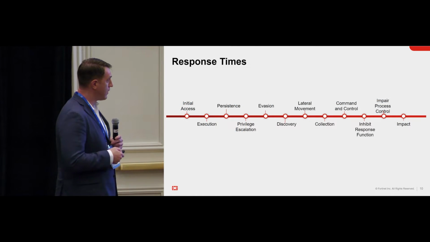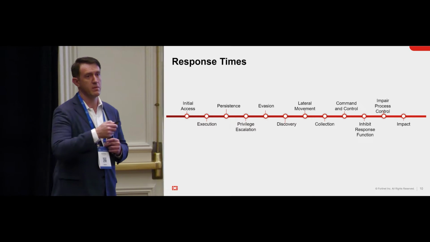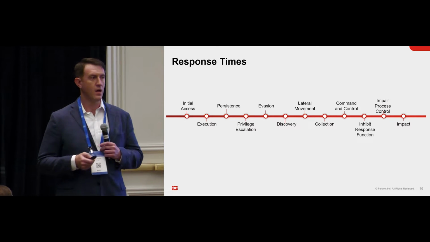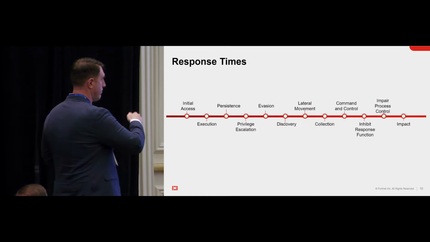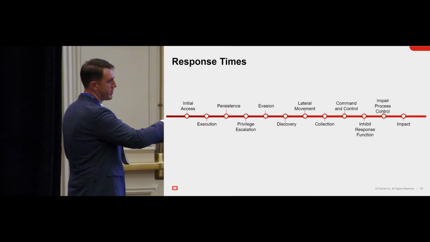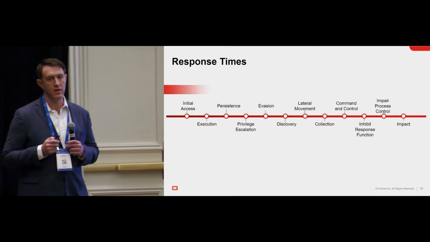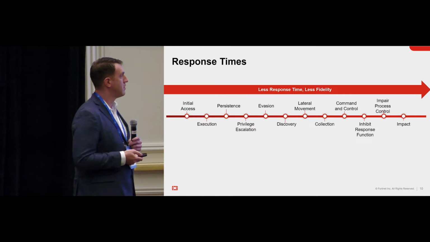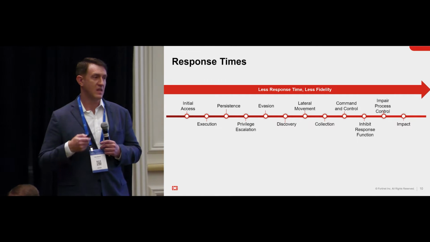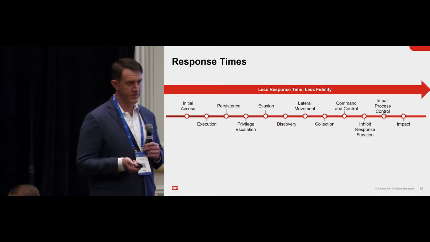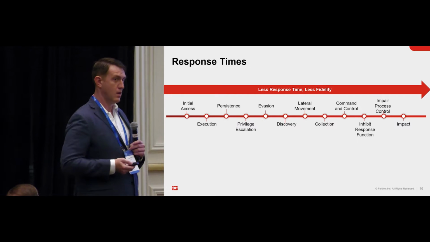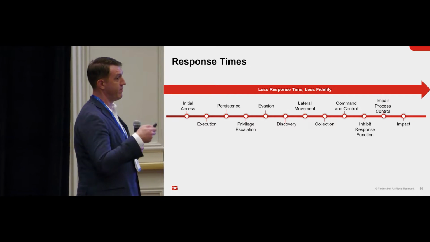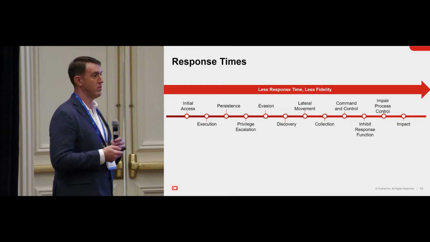And so these are the different columns. If you look at the MITRE ATT&CK for ICS, these are the different actions that you go through from initial access to impact. And as you move to the right, you're going to have less response time, less fidelity. A breaker operating is a very violent response to an issue.